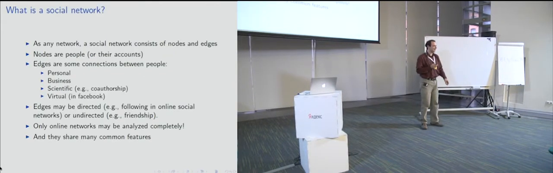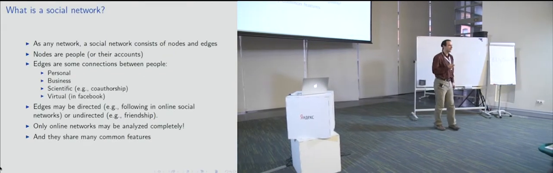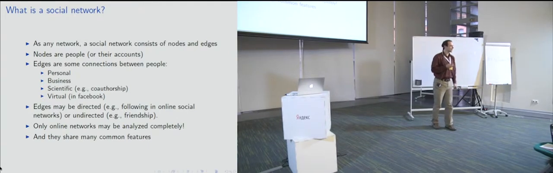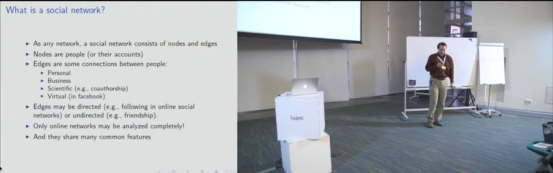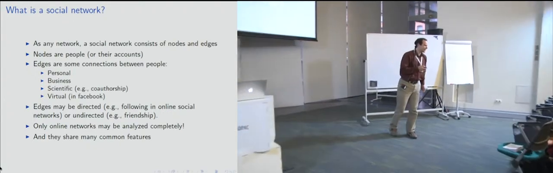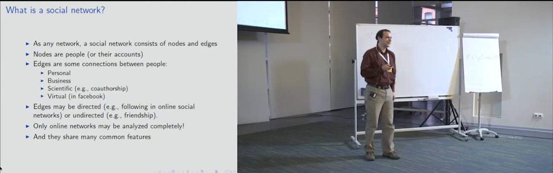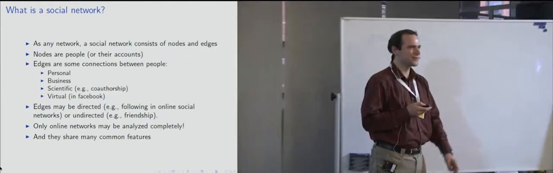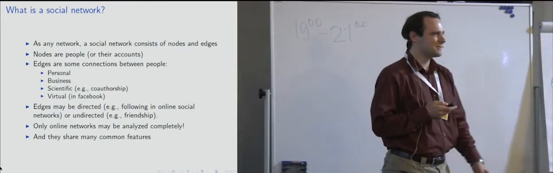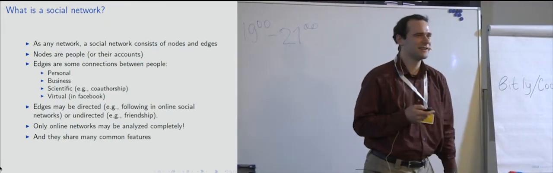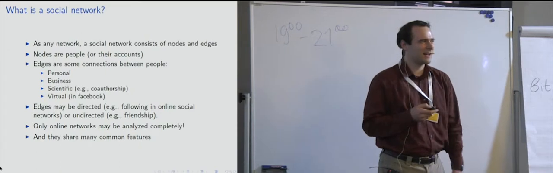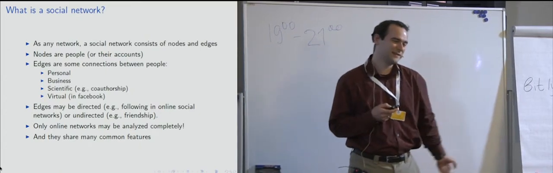So I want to briefly outline what social networks are and what properties we want to model. A network consists of nodes and edges, and in the case of social networks, nodes are just people, or you may say economic agents, and there are different types of connections.